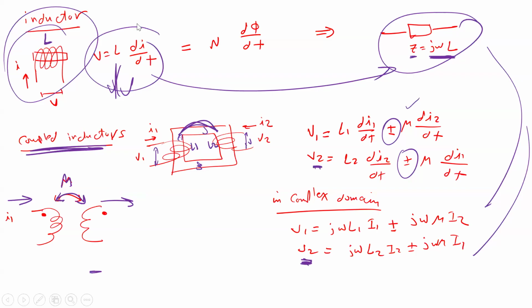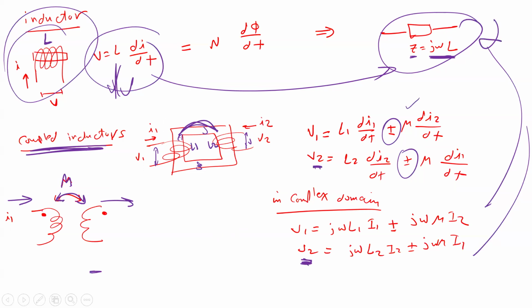Before I give you examples on coupled inductors, you should understand what I'm saying. In the case of a normal inductor, we made an impedance j omega L, and this was enough. We just used it in a circuit, and we had many examples on this.